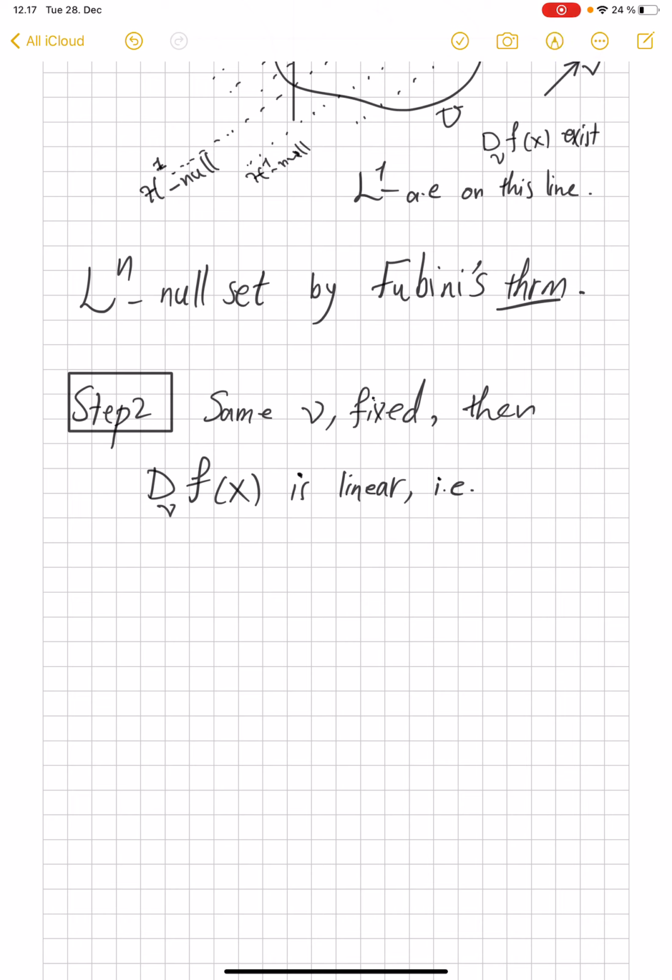We saw this above, so the derivative in direction v of f at x will be given by this gradient function, because directional derivatives exist, also this gradient exists, and times v.